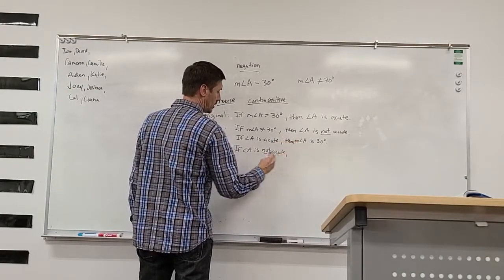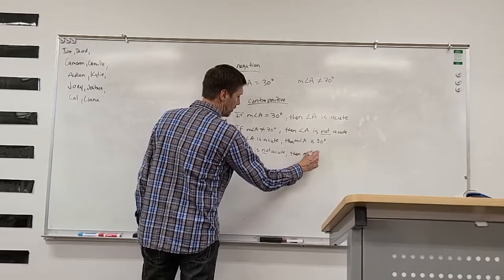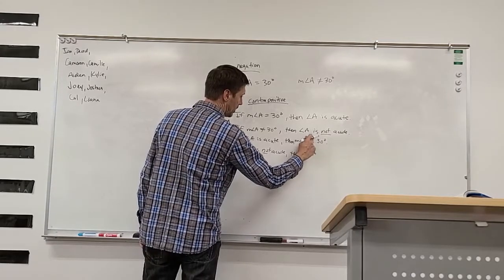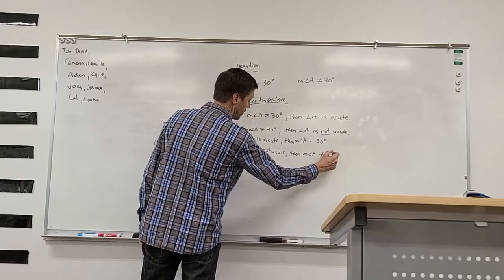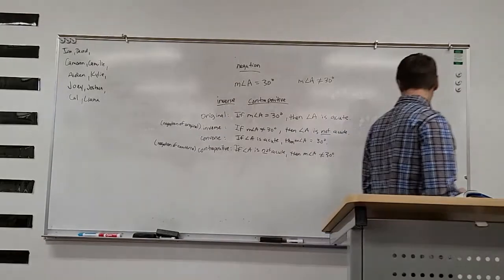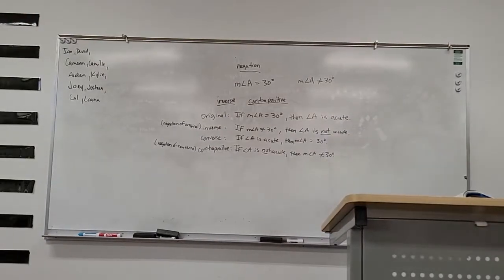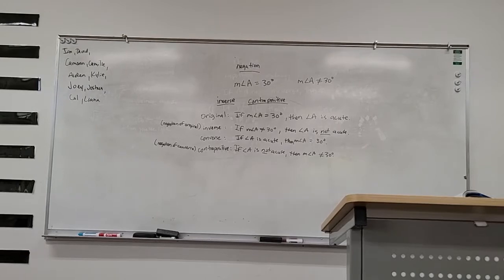So if angle A is not acute, then the measure of angle A does not equal 30. Is that a true statement? Yes. If it's not acute, then it can't equal 30, right?